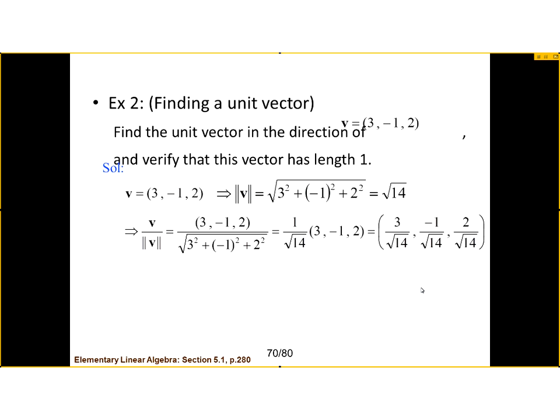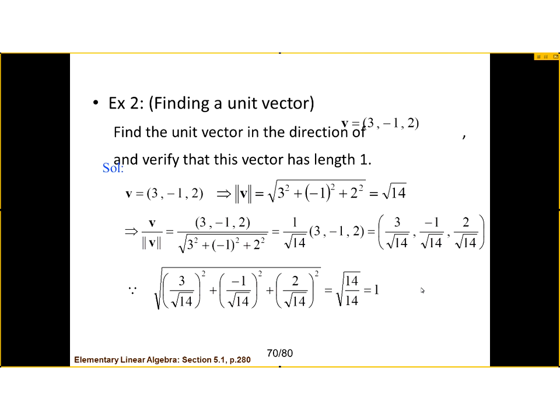Now insert the denominator inside, so we multiply the ith component, jth component and kth component. All the components we multiply, and we observe that this is the unit vector. And normalizing, 14 upon 14 is equal to 1. So for your understanding, this shows that it is a unit vector.